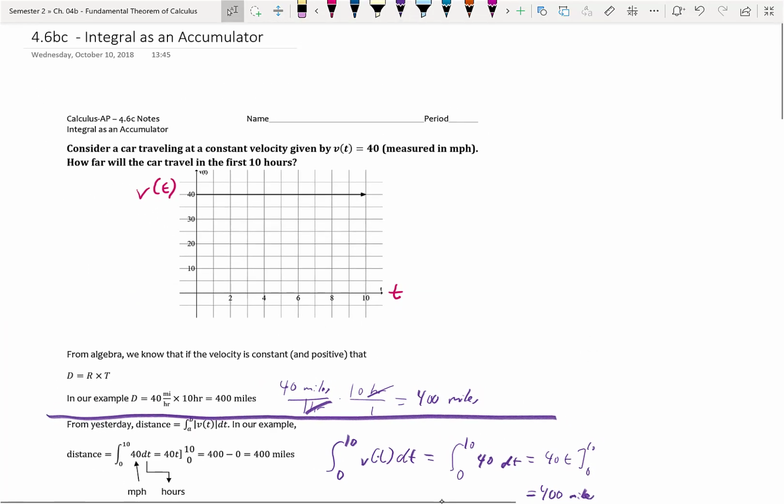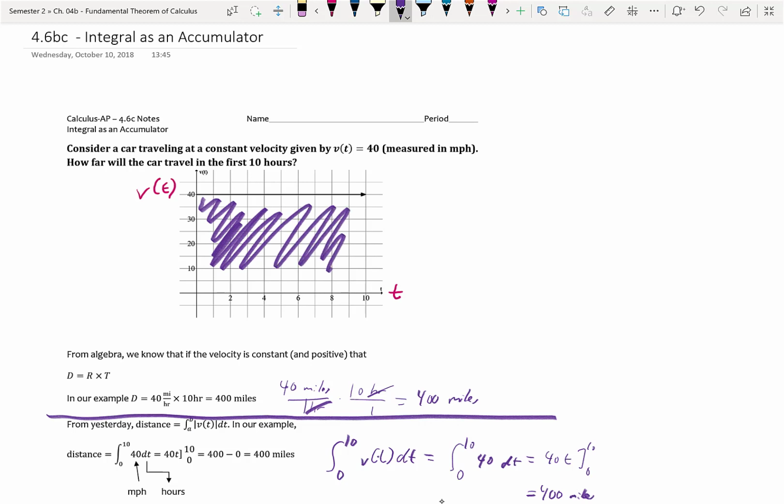What I want you to see with something like this is that what I just found was the area under the curve between 0 and 10. I found this area. The area under the curve represents the accumulation of position across 10 hours.